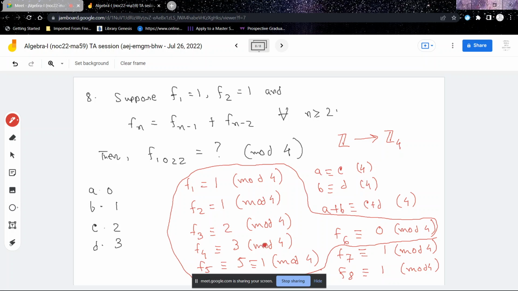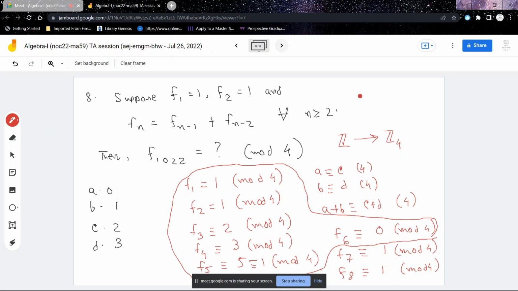So f1 is 1, f2 is 1, f3 is 2, f4 is 3, f5 is 1, f6 is 0, and then again it starts repeating. The same sequence of remainders modulo 4 keeps repeating. Now you want to compute f1022 mod 4, and the obvious way is to compute the remainder modulo 6.